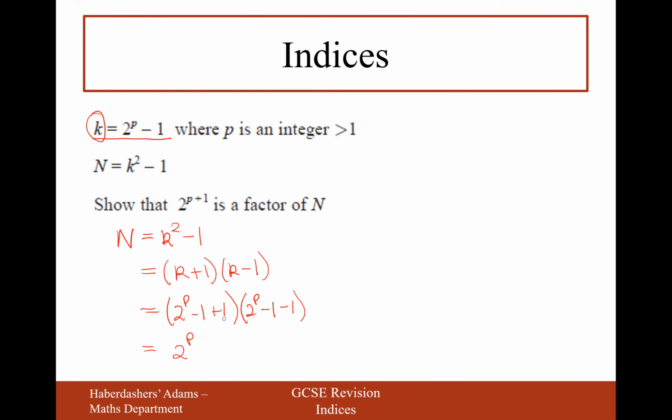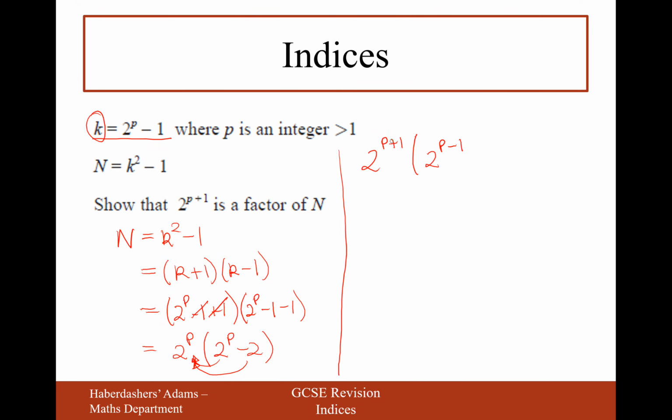Okay, let's simplify this. On the left-hand bracket, the minus 1 and the plus 1 will cancel, so it's just 2 to the p. On the right-hand bracket, it would be 2 to the p minus 2. Okay, let's factorize out one of these 2's to the front from both of these expressions here. So if I lose one of the 2's from this expression here, I'll gain a 2 at the front, but I'll lose a 2 inside the bracket.